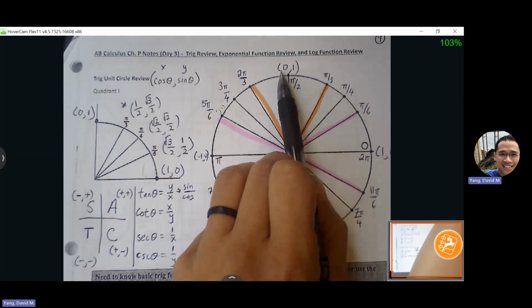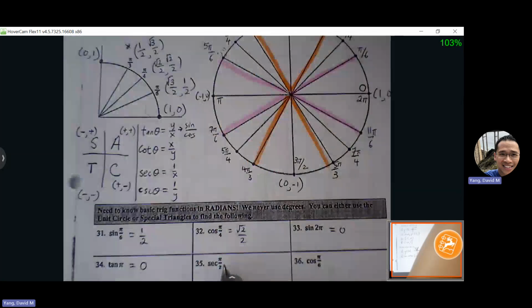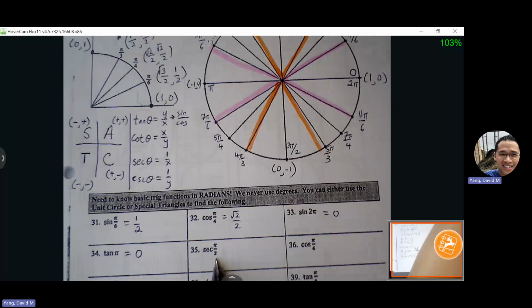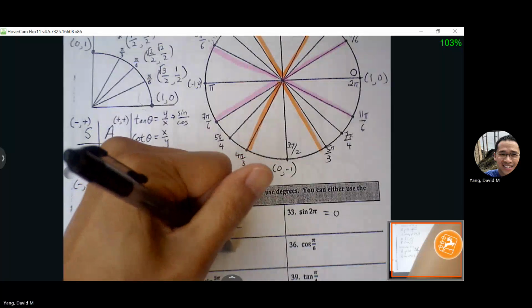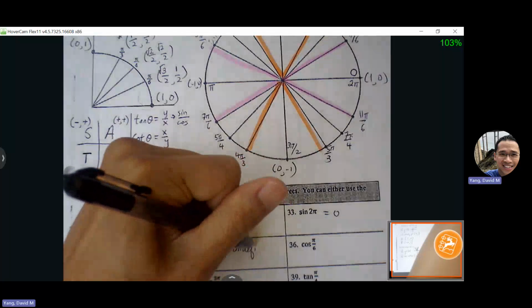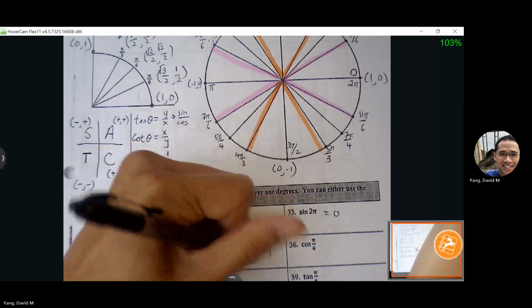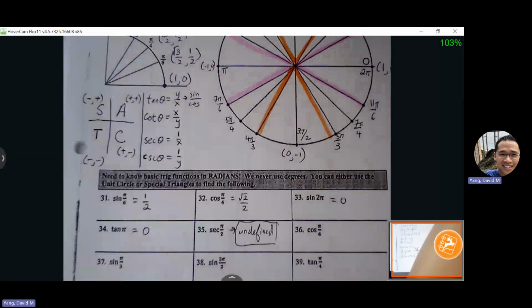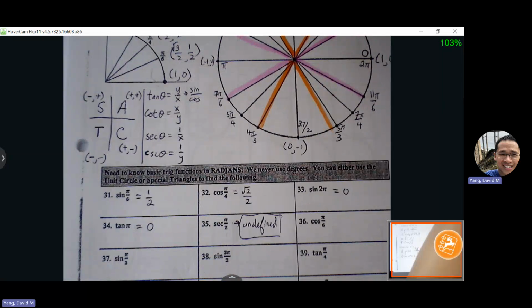So if I flip 0 over 1 to 1 over 0, then all of a sudden it becomes undefined, or does not exist. So anytime I'm flipping 0, I'm always going to force that 0 into the denominator, which is undefined. Okay, let's see if we can work up to 42, and then we can do 43 to 45 together.